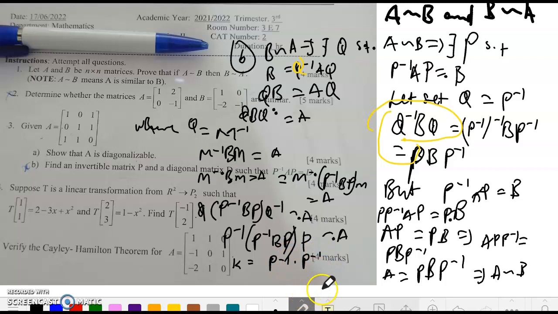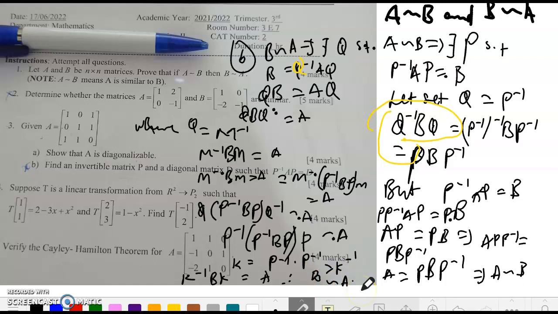We multiply this and it will simply give us K inverse. We have introduced an arbitrary K such that K inverse of BK will be equal to A. Therefore, it means that B is similar to A.